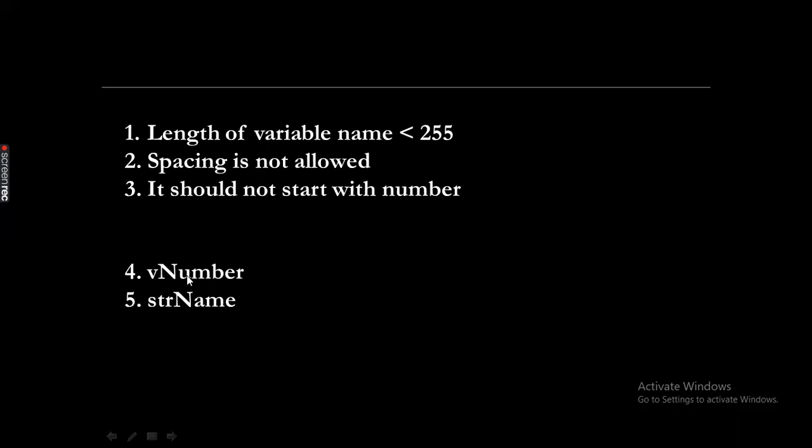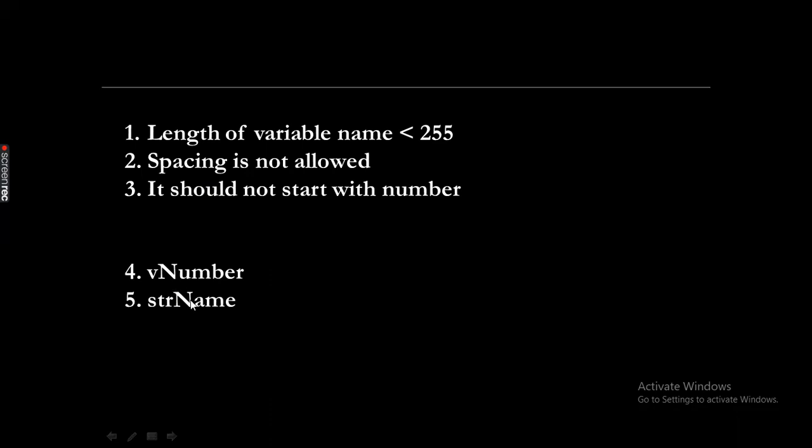And you should follow some naming convention. Let's suppose you want to declare a variable with a prefix: you can use a small v, and the variable name's first letter should be capital. Or based on the data type, you can declare the data type name in small letters and the variable name in capital letters.